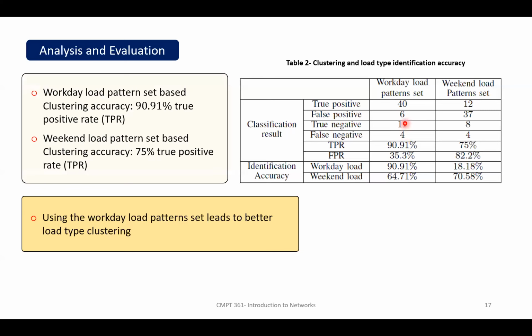Our classification showed that using the workday load pattern gives better performance, because we achieve more than 90% true positive rate by measuring DTW similarity to the workday load pattern. And by using the weekend load pattern, we have 75% accuracy.